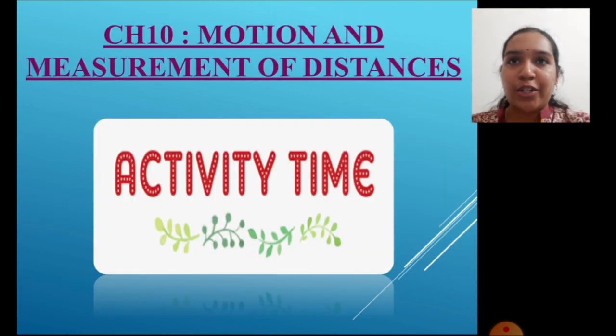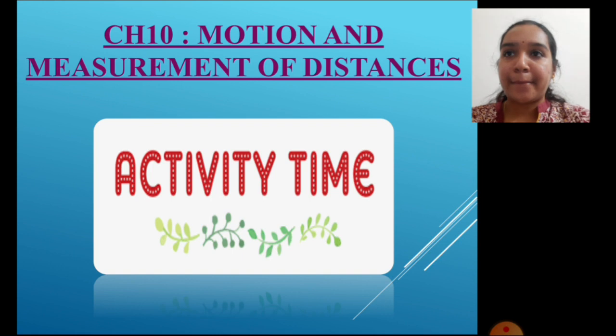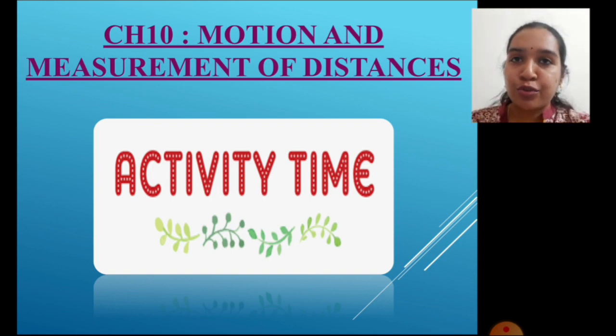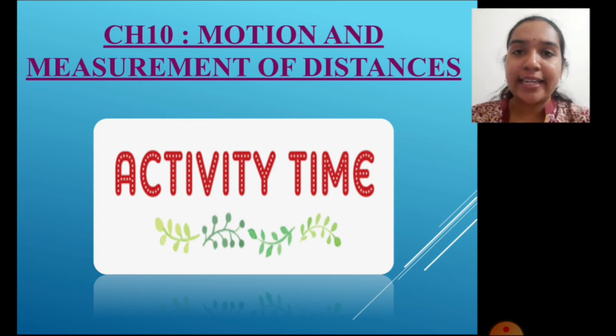Now pause the video and get a pencil, paper, thread, and scale to do this activity practically right now. Resume the video after you are ready to do the activity.